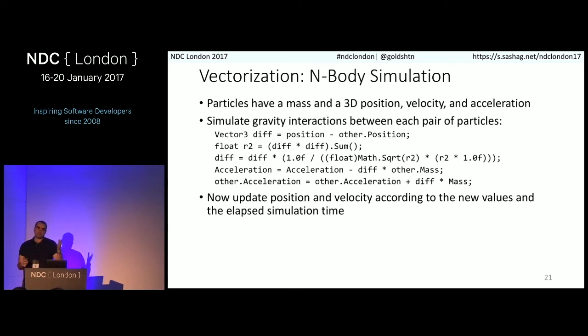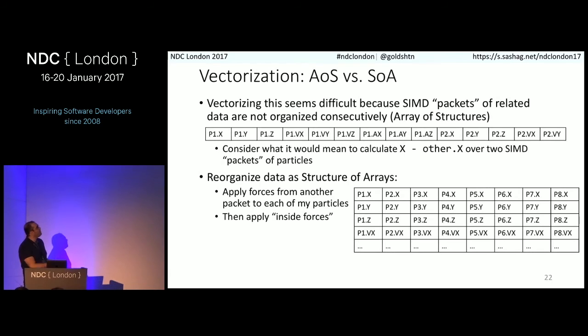Each particle or each object in your space has a mass, a velocity, acceleration, and a position, obviously, and you're trying to simulate their movement, which can be useful for anything, for computer games or actual space simulations. But again, the interesting thing is you probably have an array of structures. You have an array where each component is a particle or an object.